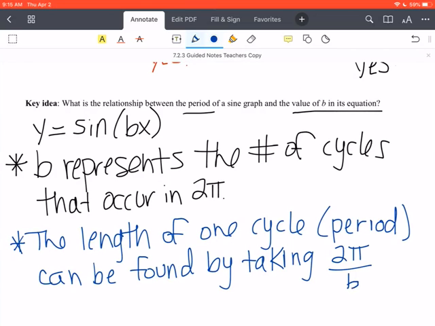If there are 3 cycles, that is b, then how are we going to find the length of one cycle? Then we're going to take 2 pi divided by the number of cycles.